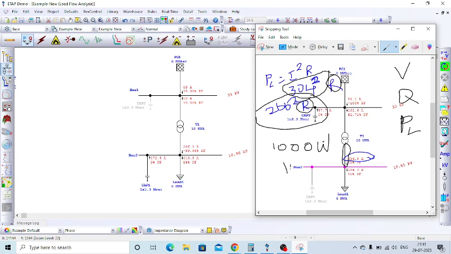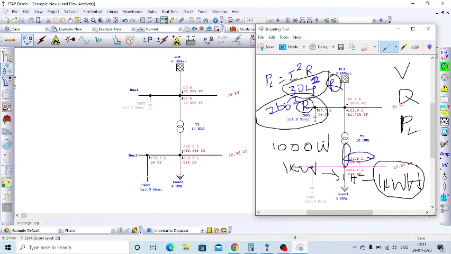Then 1 kilowatt, if the system is operating for 1 hour, will be 1 kilowatt hour of energy loss.